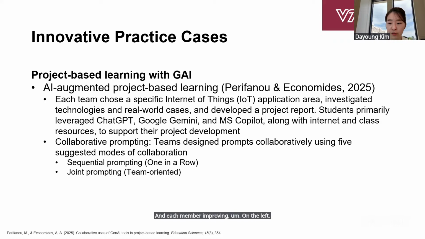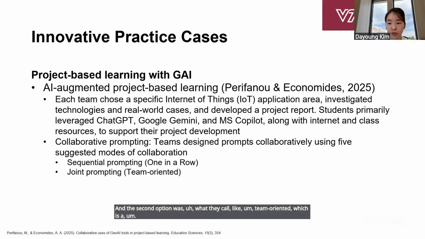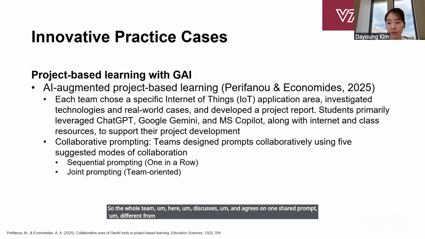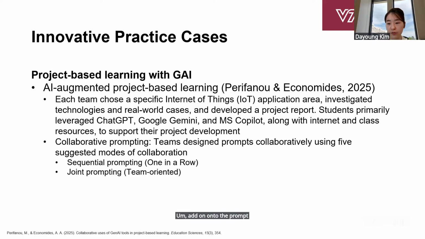The second option was what they call team-oriented, which is joint prompting. The whole team here discusses and agrees on one shared prompt, different from the previous one. Everyone adds onto the prompt and sees the result step by step.